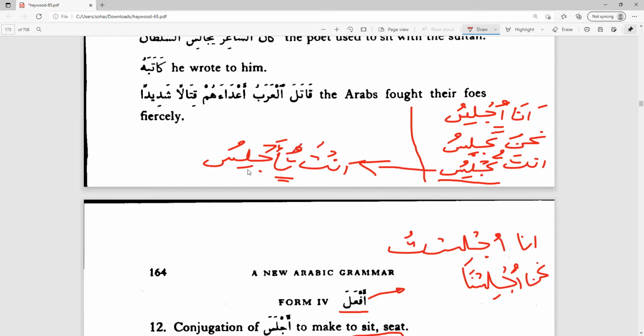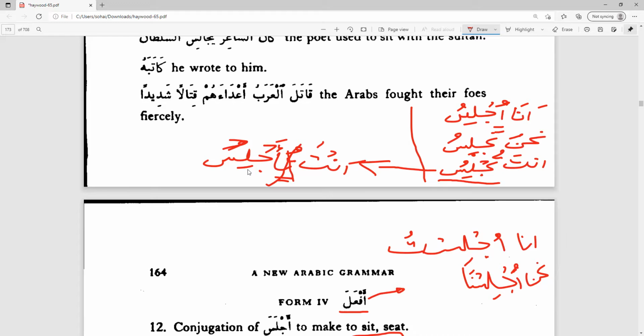Then we drop the first alamatul mudare, the sign of mudare, and we don't need to change anything else because the first letter already has a fatha or a haraka, so it becomes ajlis. Does that make sense? Anta ajlis, you sit.